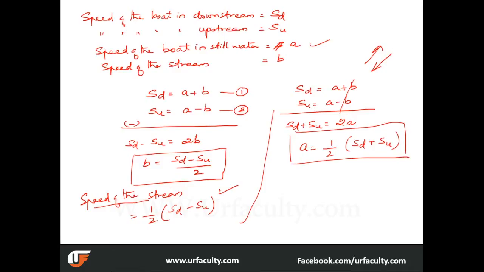It means speed of the boat in still water is equal to half SD plus SU, which is half into speed of the boat in downstream plus speed of the boat in upstream. Please remember, these are two very good formulas that you can remember if possible, else you can derive it in the way that you have done here.